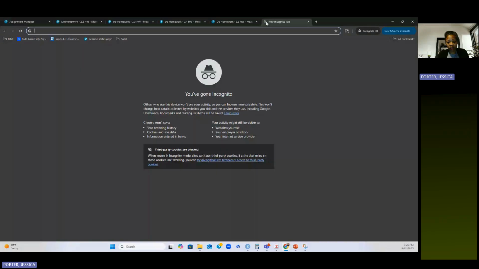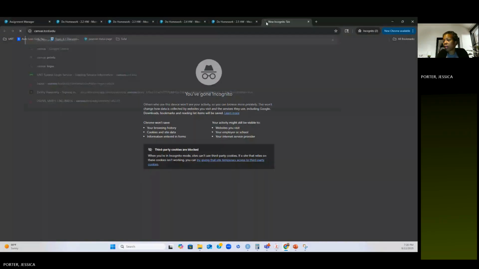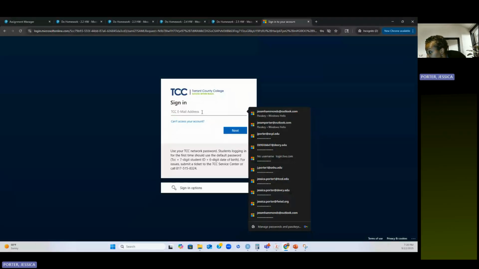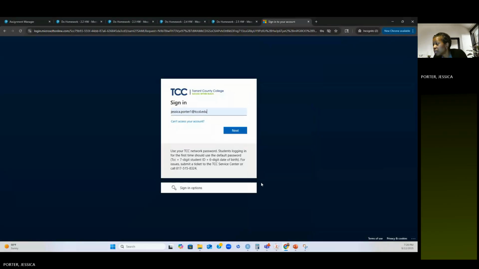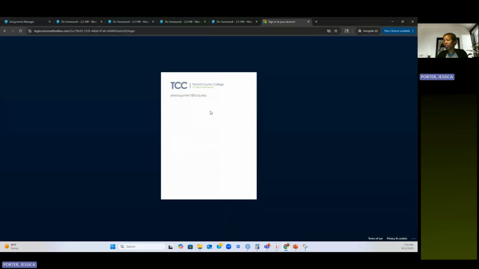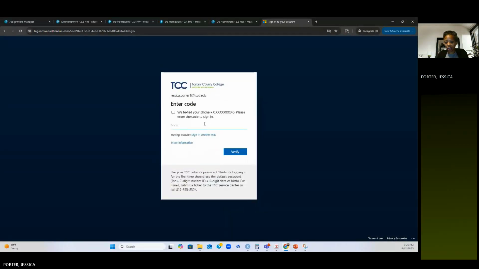Oh, it's going to make me log in. Is my login already here? Oh, of course, two-factor authorization.